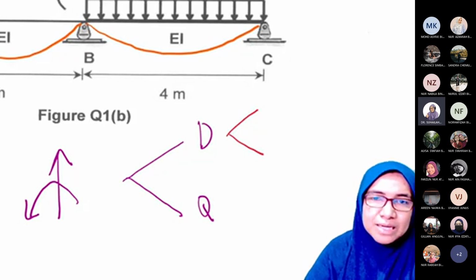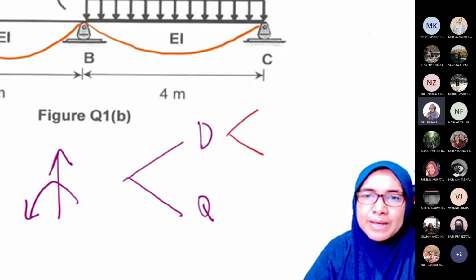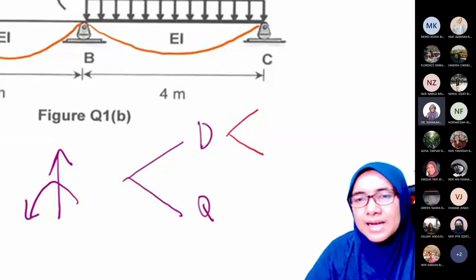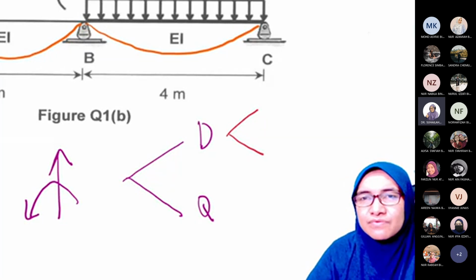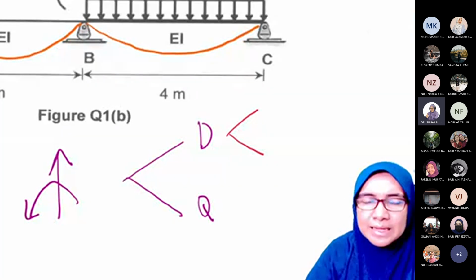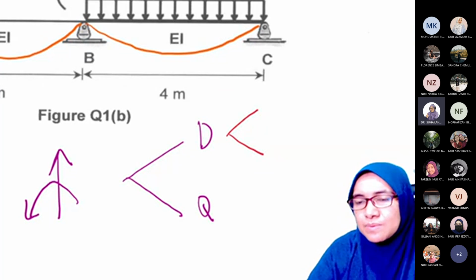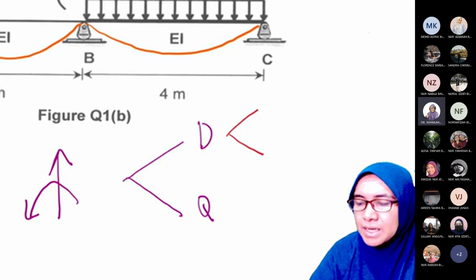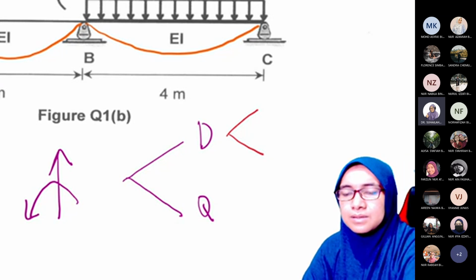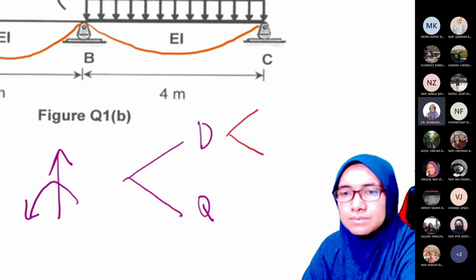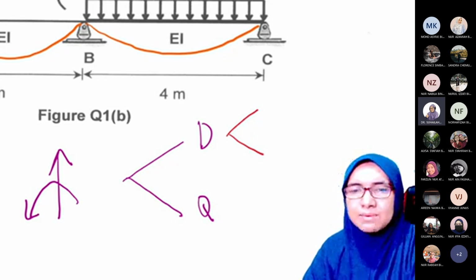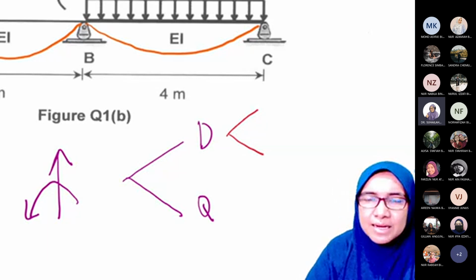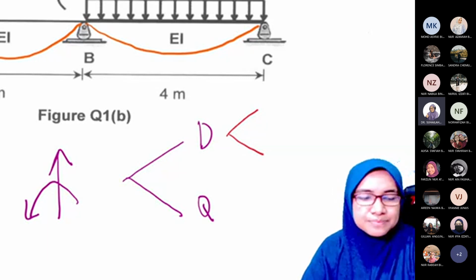Nama lain bagi vertical displacement. Kalau beam kita ukur apa? Selain daripada we call it as vertical displacement, apa lagi nama lain kita pakai for this vertical displacement? Apa lagi kita pakai term lain?